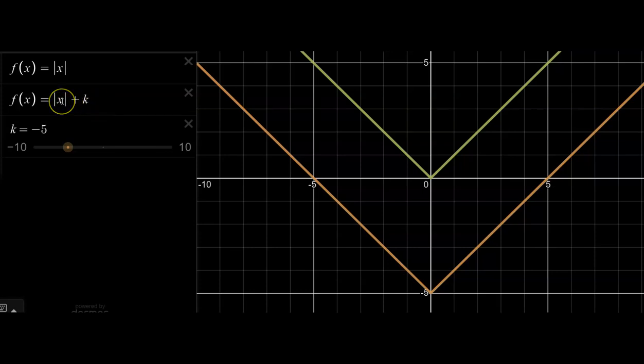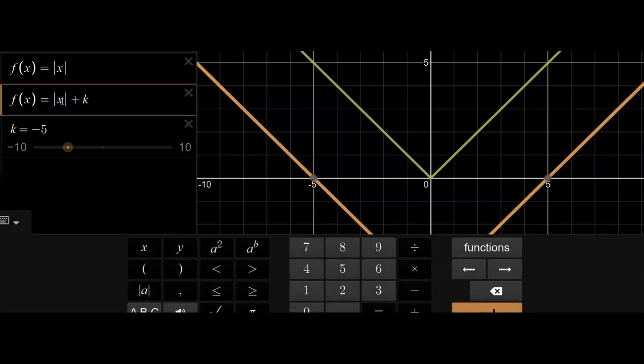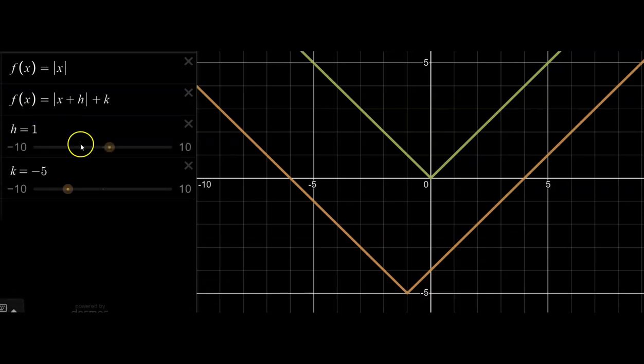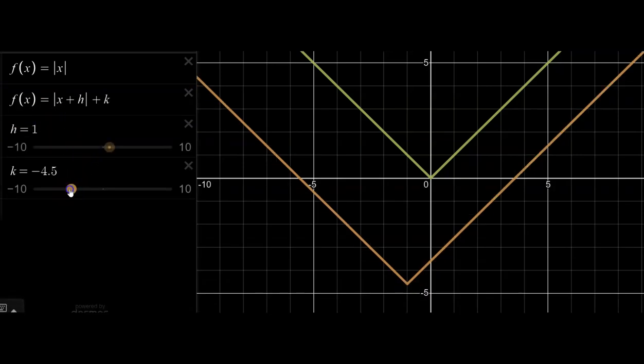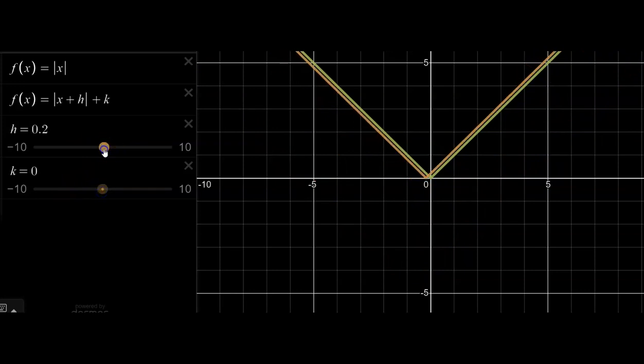up or down. Now, I'm going to go ahead and put a slider here. What happens if I add a number, say I'm going to call that h here? Let's move this back to normal, meaning now they're both at 0, h and k, so that there is no movement at all, right?